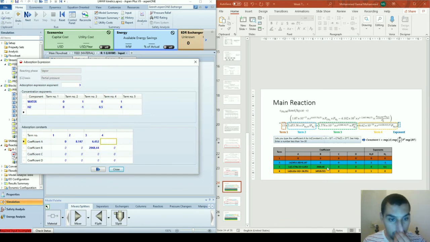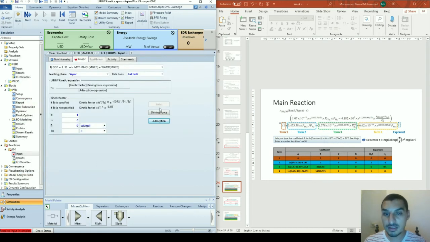For term number 4, the A is 34.951 and for coefficient B is 14,928.915. So I'm now done with defining the denominator or the adsorption term for the main reaction.